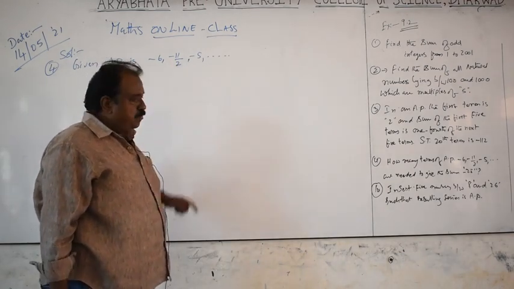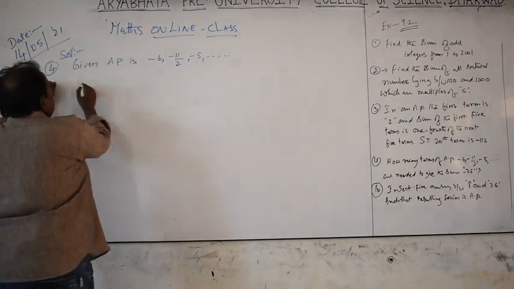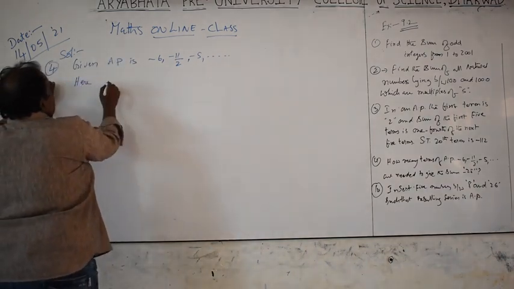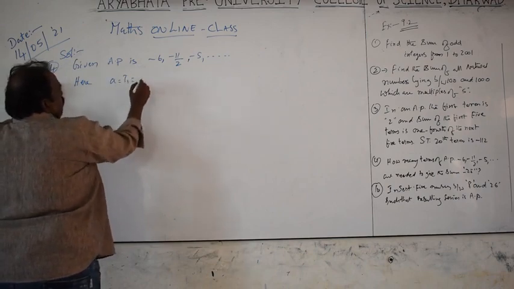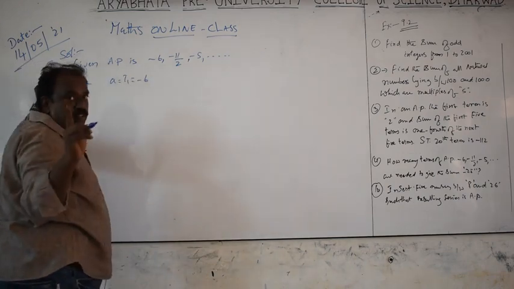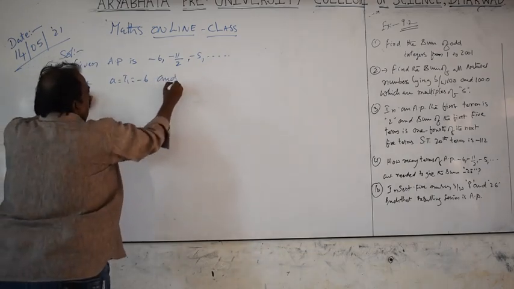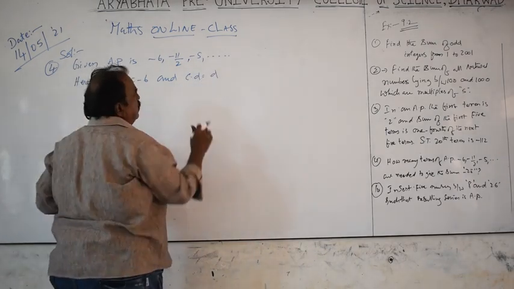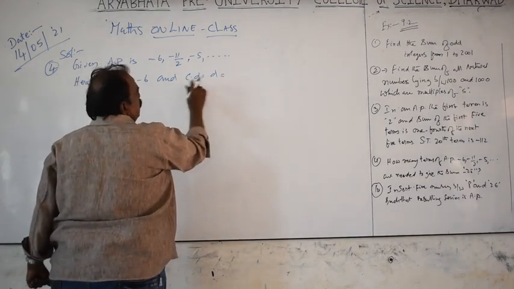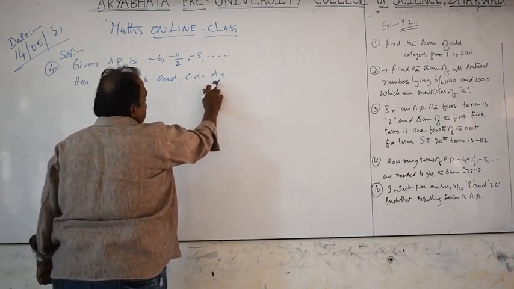Step by step we will come to the problem. Here A is equal to T1, the first term, is minus 6. The A value is given. And CD, the common difference, is noted as D.